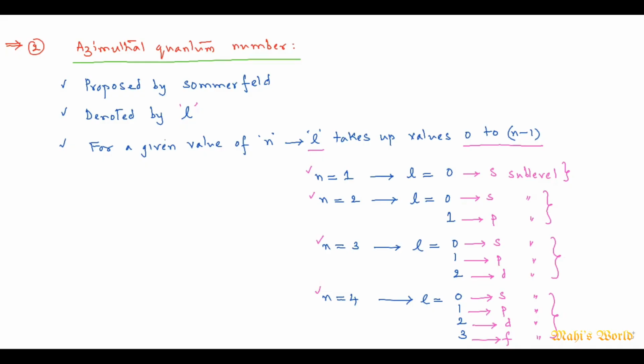Now let us see the importance of this. Important formula. You know, azimuthal quantum number gives information about shapes of orbitals.